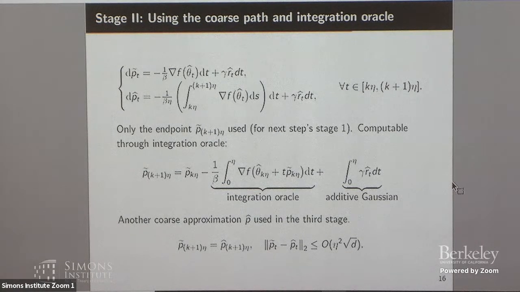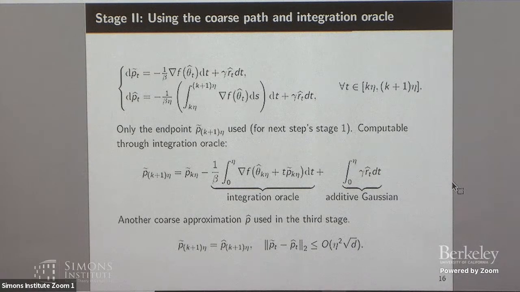Actually, for these two processes, the endpoints are the same. If you just integrate the first process, you'll easily see that the endpoints are the same. And algorithmically, we only use the endpoint of p of k plus 1 tilde. And this thing is computable through an integration oracle.